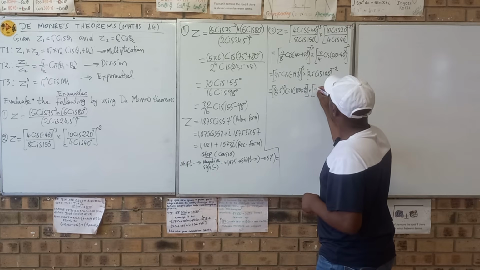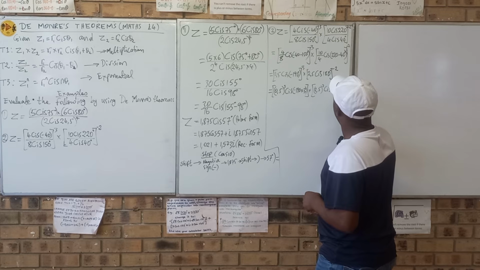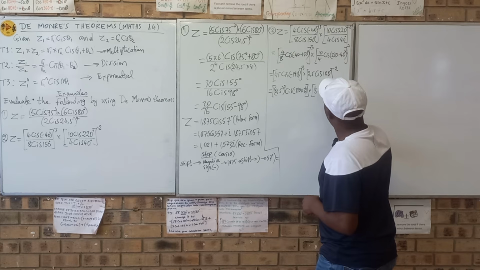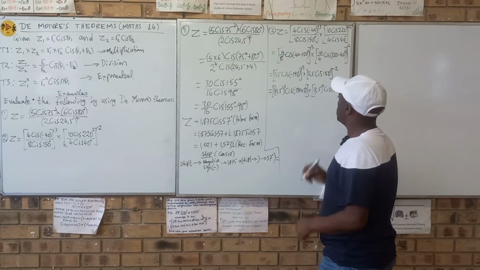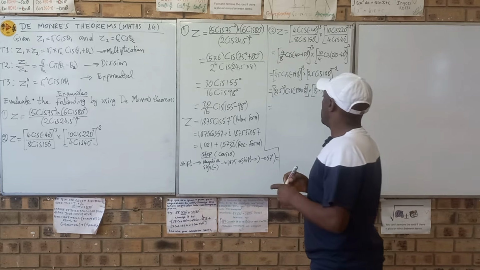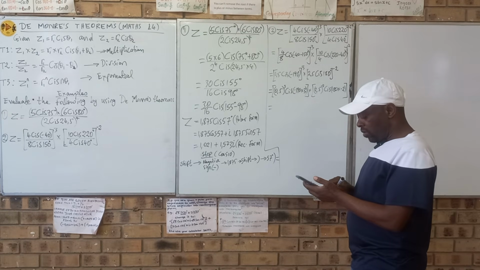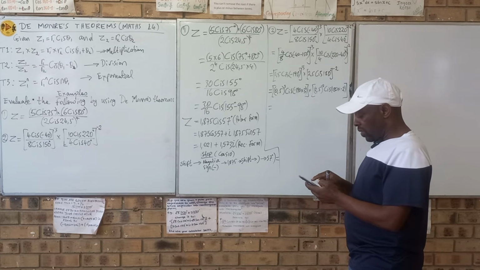Then I multiply by 2.5, oh, it's not square, it's raised to the power negative 2, with angle 180 times negative 2. So I'll then simplify: what is 0.5 raised to the power 3 times 2.5 exponent negative 2.